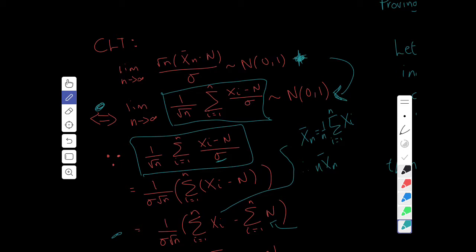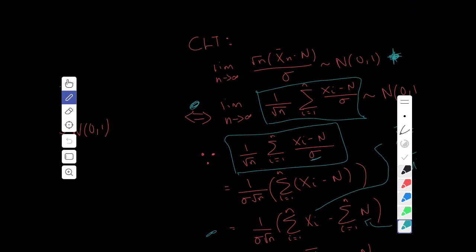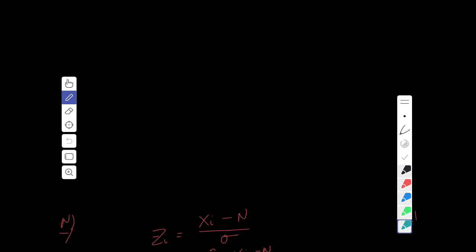Okay, now there's this situation that we need to think about, which is this Xi minus mu over sigma. We're going to define some new notation for it, we're going to call it Z. The reason we do that is because doing this makes the proof easier to understand.